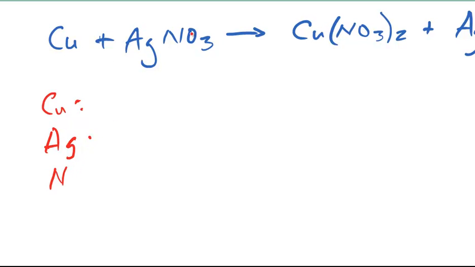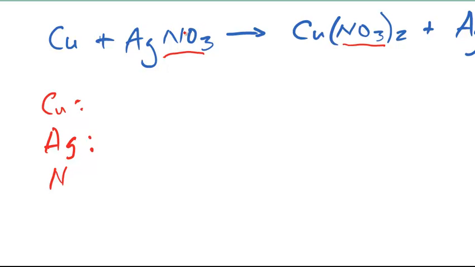This is a case where I'd like to share with you a little trick. Sorry. Notice, here's a nitrate, and here's a nitrate. You can simplify the balancing process a lot by keeping them together.